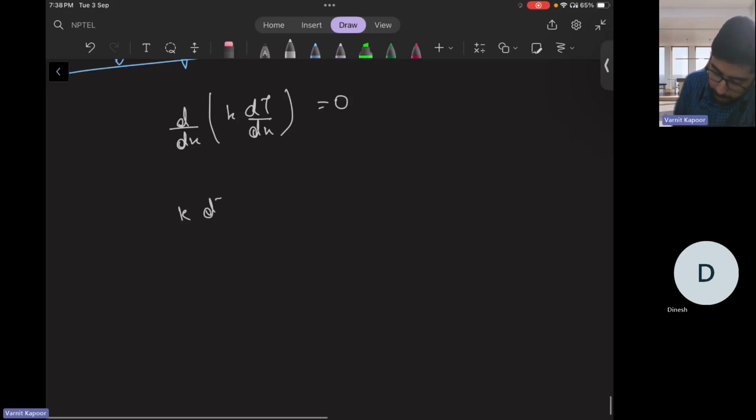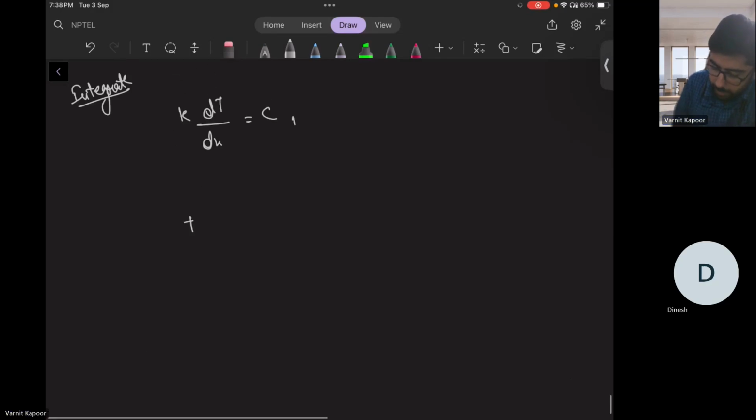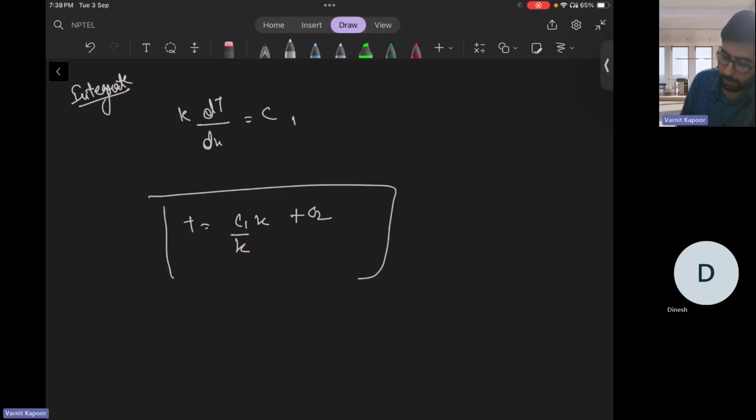What do you get? k dT by dx is equal to a constant, that is C1. Integrate again: T is equal to C1 x by k plus C2. This is your equation of temperature.